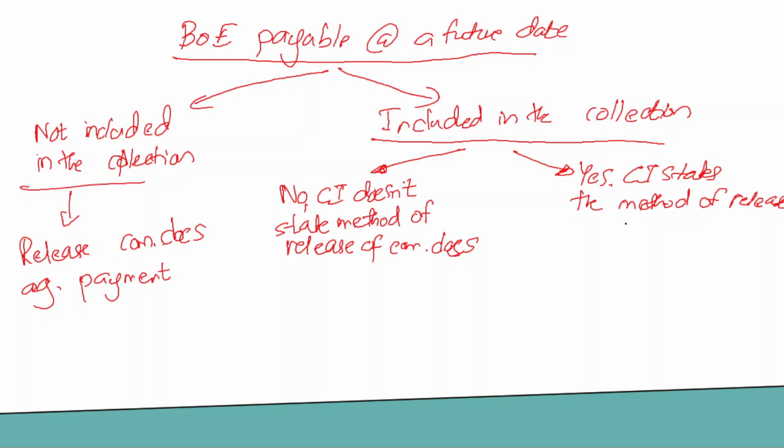So in our diagram, if yes, a bill of exchange is included in the collection, but no, there is no statement, what happens? You will release commercial documents against payment. So this is a second scenario where you will release it against payment.